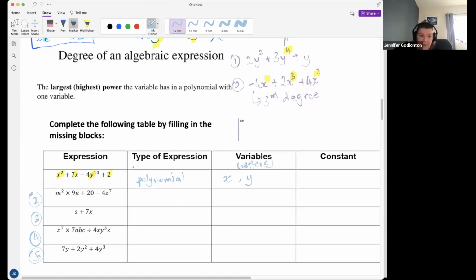And the type of expression is how many terms. And then our constant is the number that has no letter next to it at all. So there's no letter attached. And so in this case, our constant is going to be 2. And if it was a minus, we would say -2. So that's how we're going to answer these.